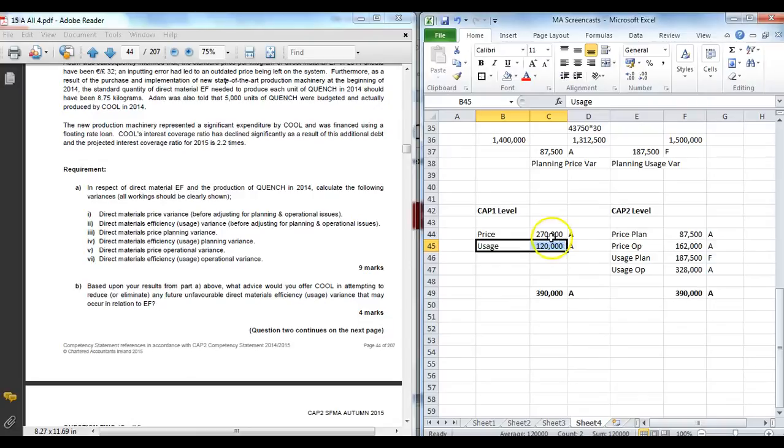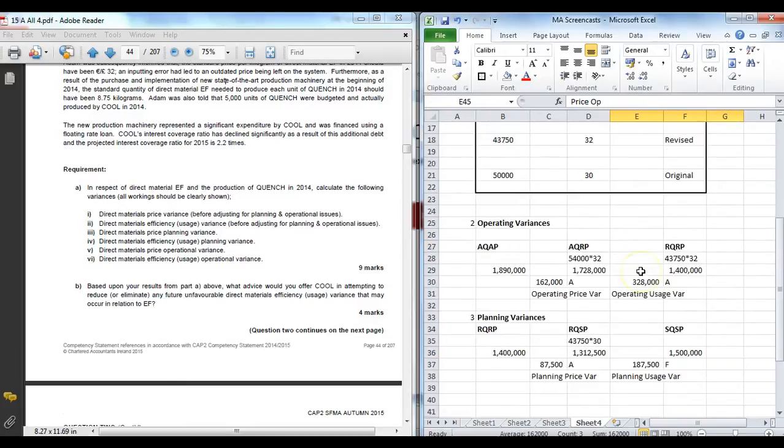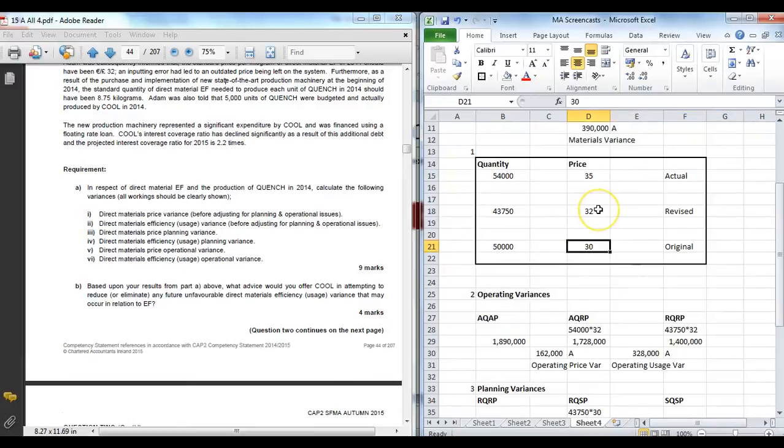So similar point here, that the 270 for price variance, actually some of that was due to a price movement, so it's not as bad when you're looking at managerial performance, because some of that movement, i.e. from 30 to 32, was just an input error, nothing to do with managerial performance.